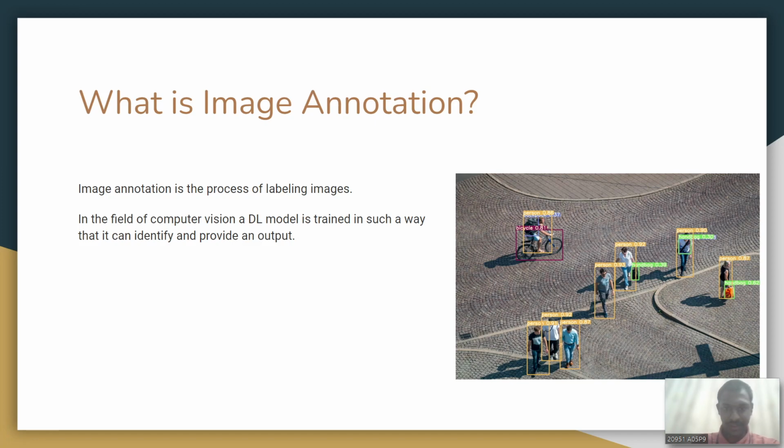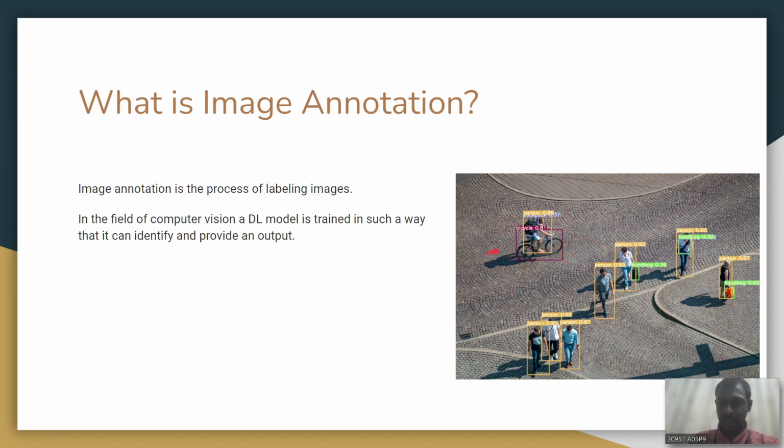vision. DL models are trained in such a way that they can identify objects and provide an output. As you can see in the image, the model has annotated on top of the image, stating there's a bounding box, the area in which the model thinks that the object exists, the probability of that object existing inside this rectangle.